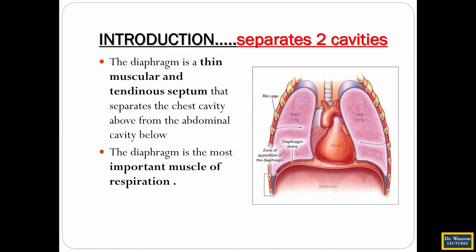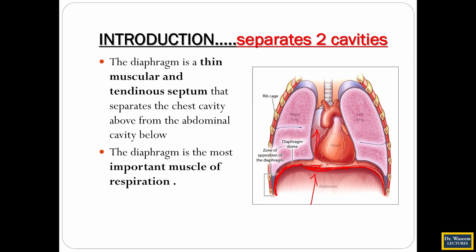The diaphragm is basically a thin muscular structure which is muscle peripherally, and centrally it is fibrous tissue called the central tendon. It's kind of a septum between two cavities: the thoracic cavity above, and it separates the abdominal cavity below.